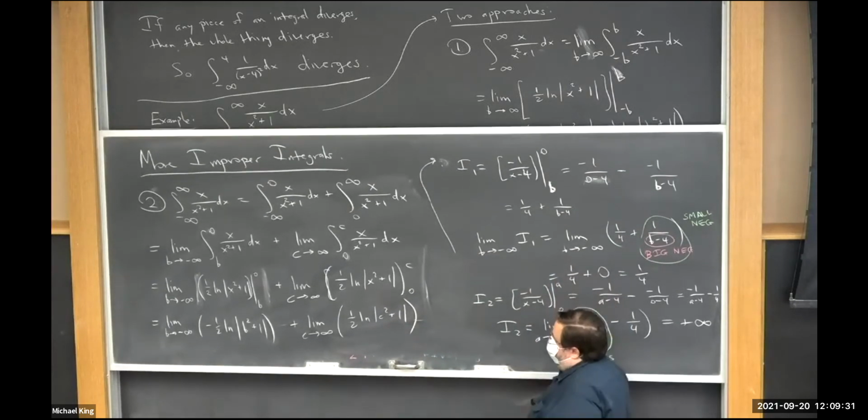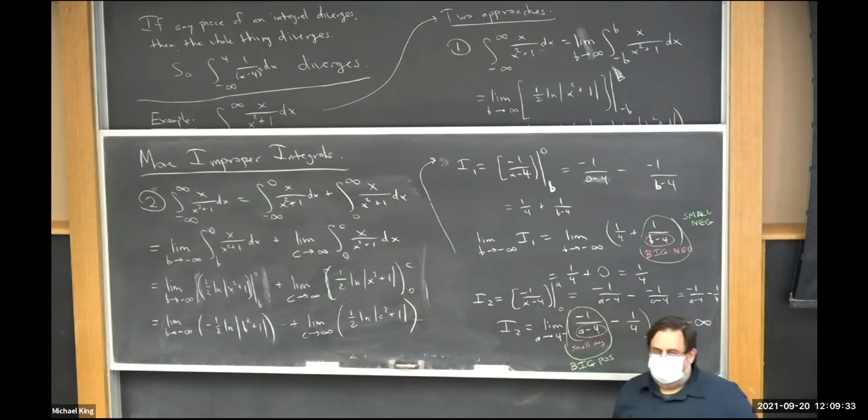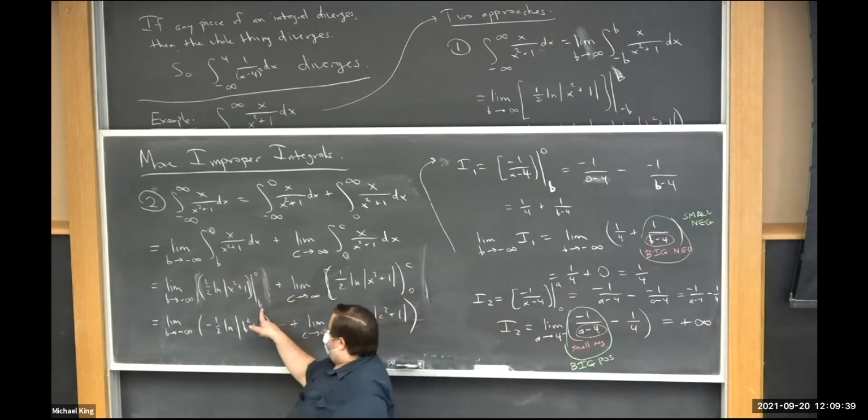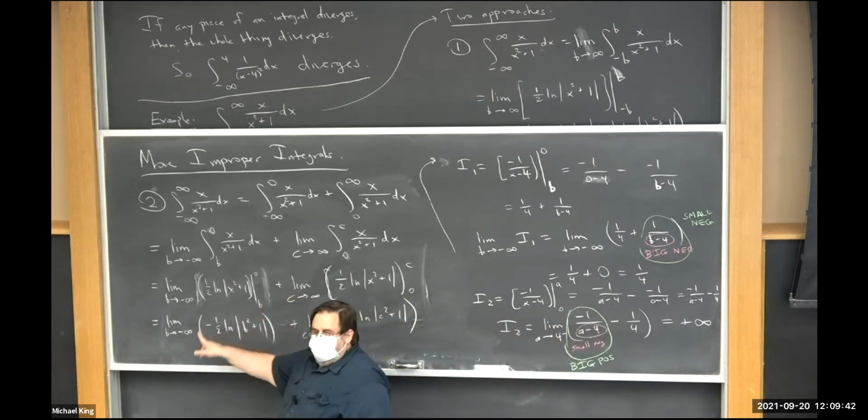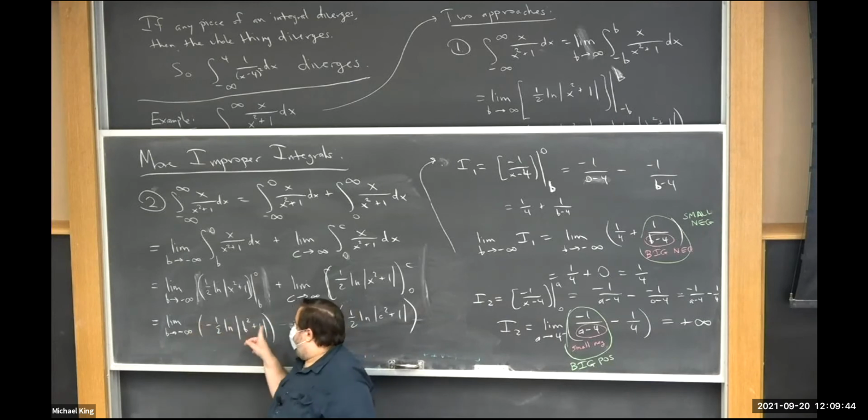Because when I plug in 0 and then minus, what do I get when I plug in b? It's like 0 minus this.